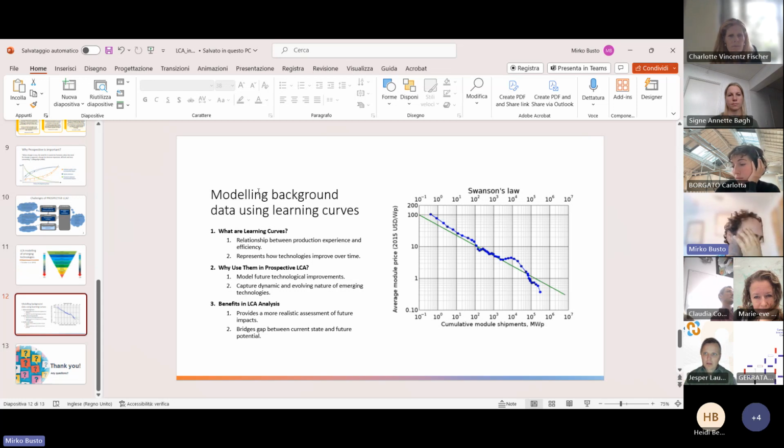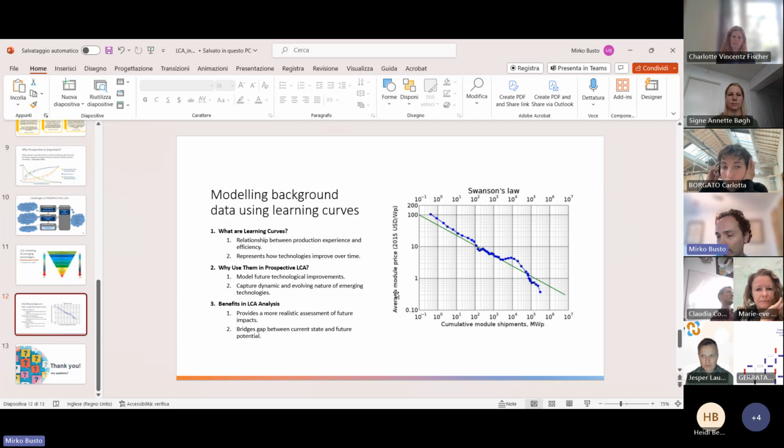One potential solution is using learning curves, which normally correlate production experience and efficiency. Normally they're related to cost, but they can also be related to environmental impacts. This can be used to assume what is going to happen when efficiencies in production increase, and then environmental impacts go down. So this was the last slide.